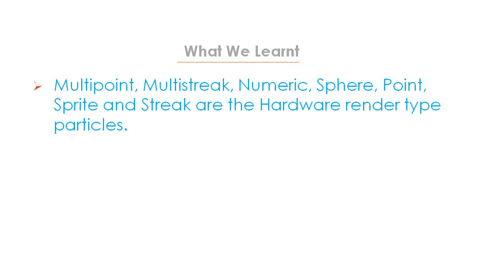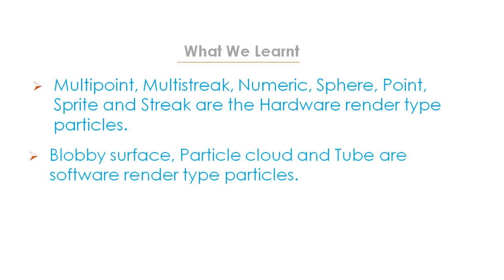We have also seen that multipoint, multistreak, numeric, sphere, point, sprite, and streak are the hardware render type particles, whereas blobby surface, cloud, and tube are software render type particles.